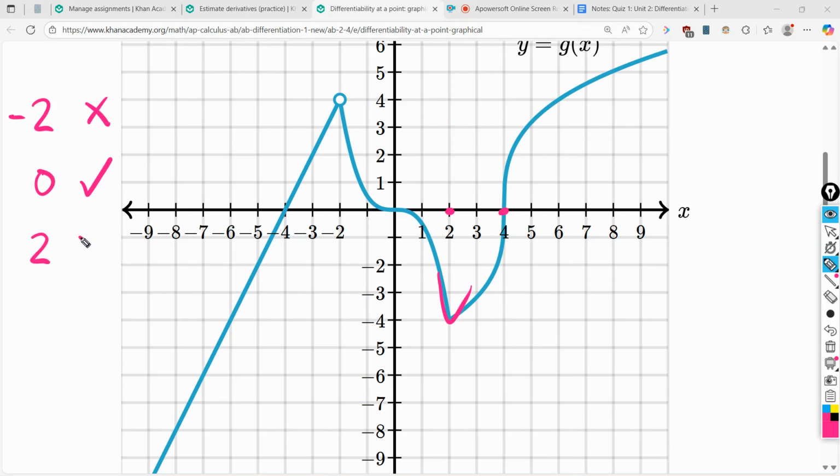So 2 is another one where you cannot find the slope. And 4, they said it's vertical, and we can see that it's vertical right there. Remember, the vertical line has no slope. A horizontal line is okay, the slope is 0, but no slope is no good. So it's just -2, 2, and 4.